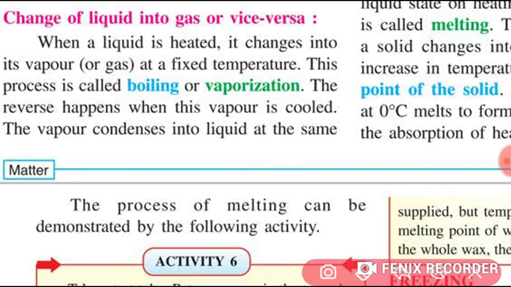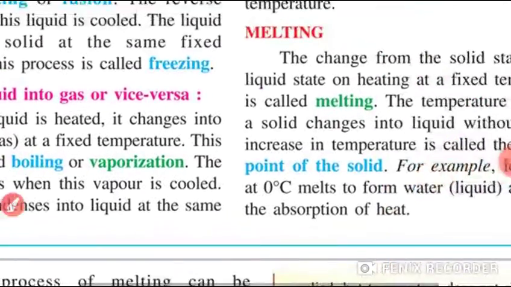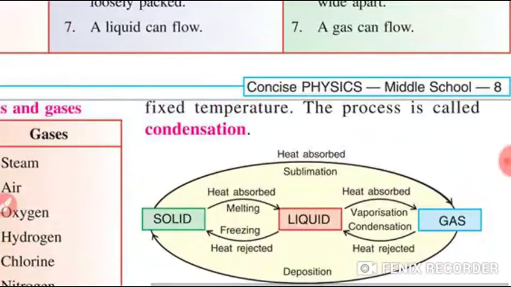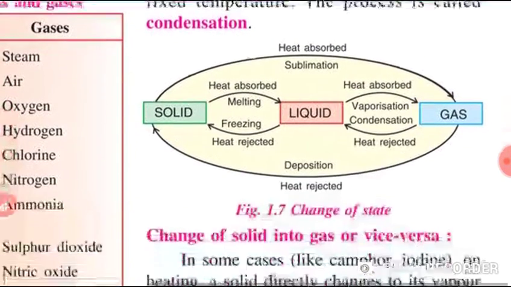This process is known as boiling, or we can say vaporization. And the reverse happens when this vapor is cooled. The vapor condenses into liquid at the same fixed temperature. This process is called condensation.